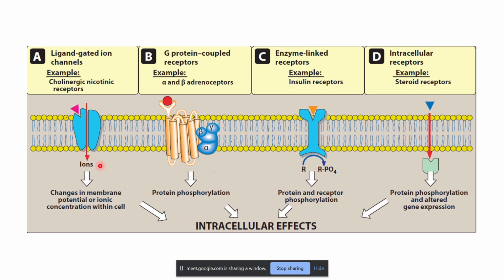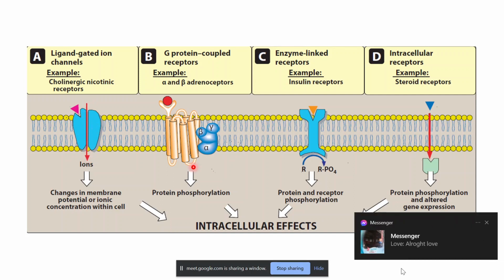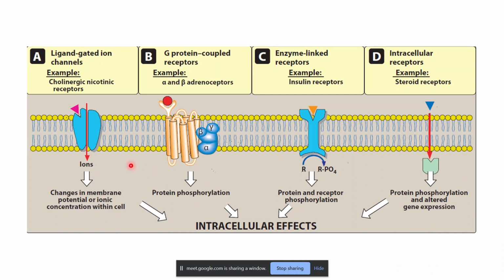So if the receptor is an ion channel, then the activation of the receptor by the drug, here, so this is a drug that will bind the binding site of the receptor that is connected with the ion channel, and then that enables the ions to pass through the channel.